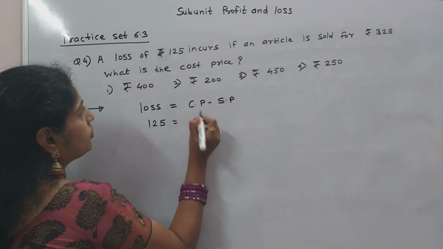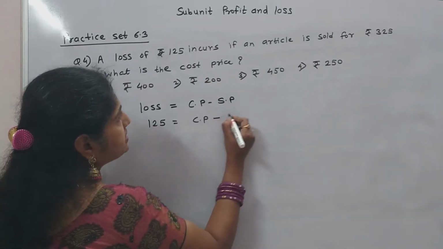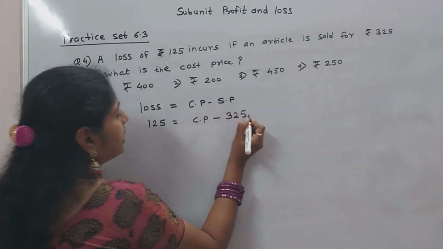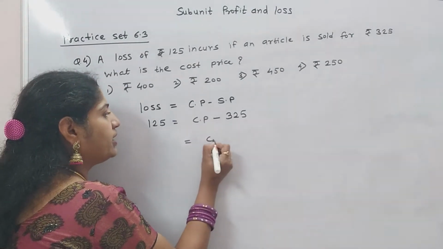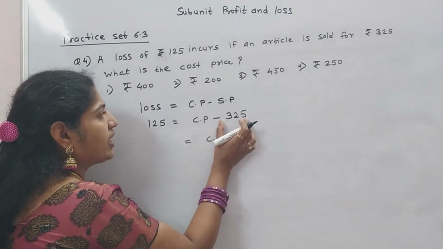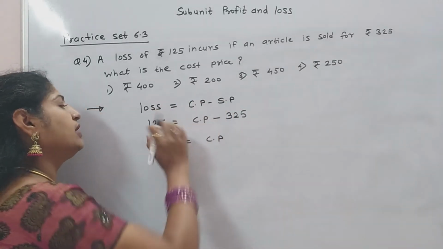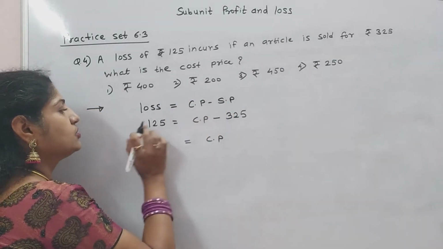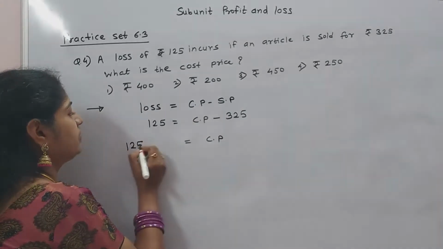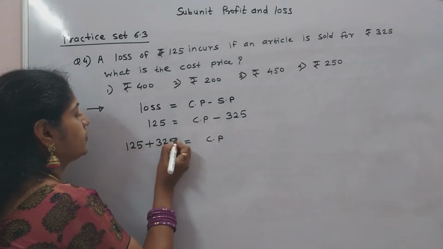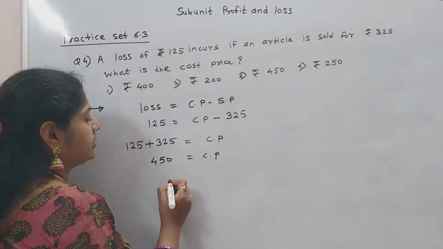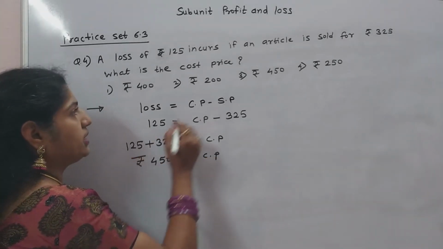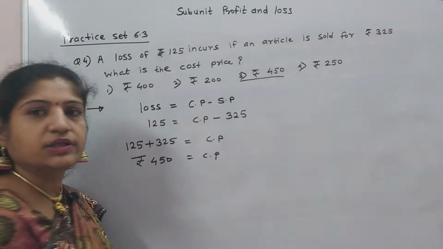Cost price minus selling price, where 325 is the selling price. This minus goes to the left-hand side, so it becomes plus: 125 plus 325, 450. The cost price of that article is rupees 450. So our answer is option number 3.